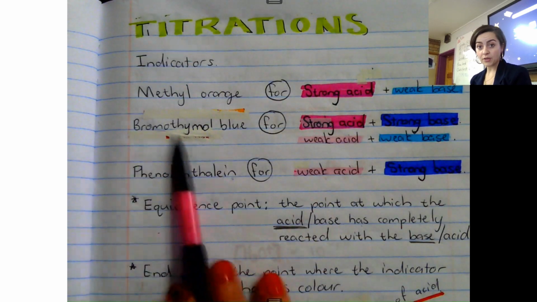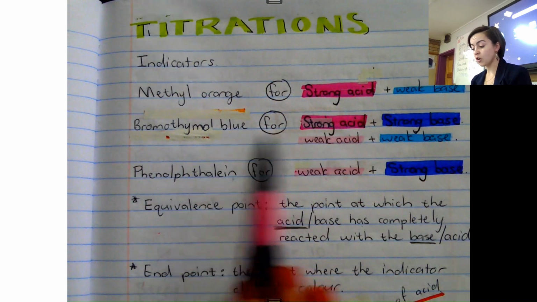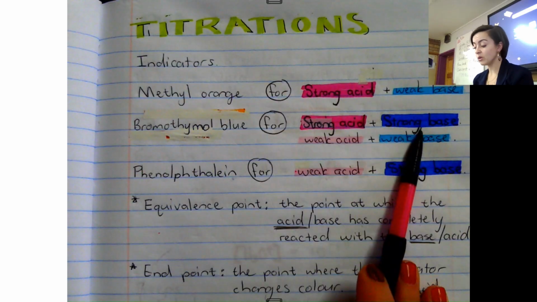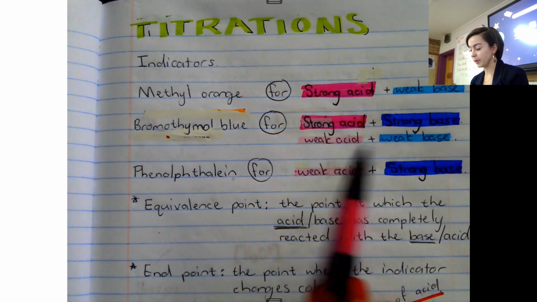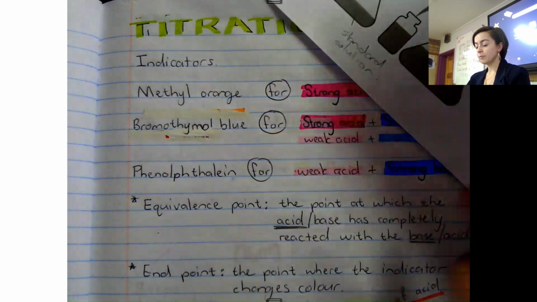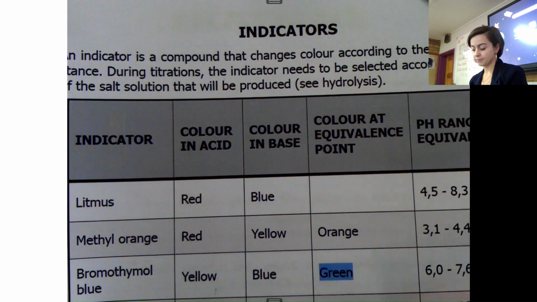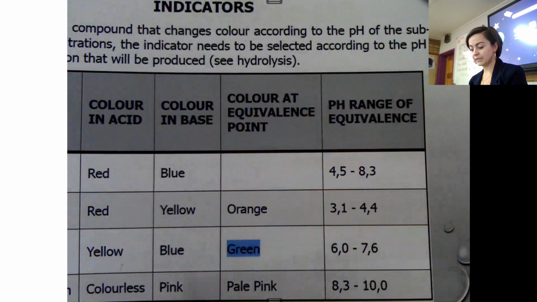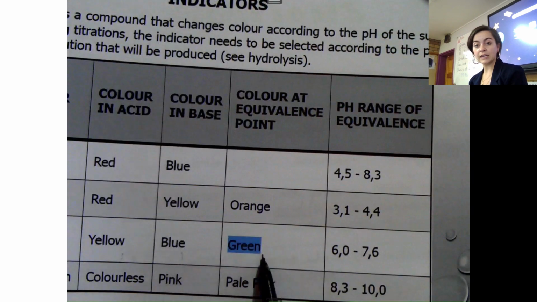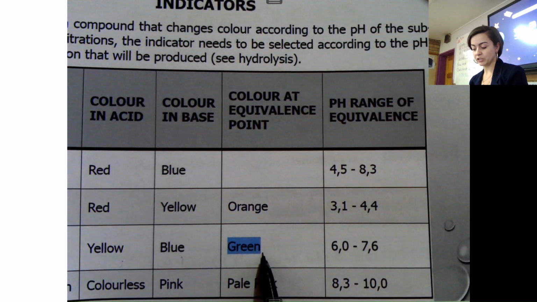I will use bromothymol blue for a strong acid with a strong base, or if I use a weak acid with a weak base. Why? Because bromothymol blue is yellow when it's an acid, blue when it's a base, and green when the equivalence point has been reached.